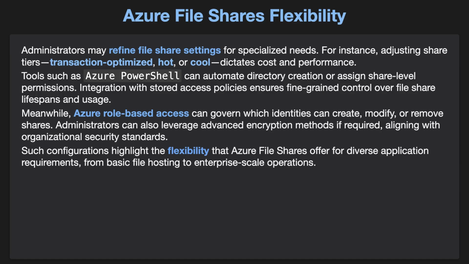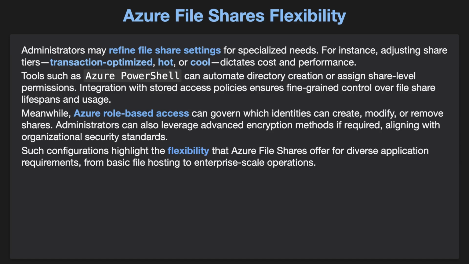Administrators may refine file share settings for specialized needs. For instance, adjusting share tiers, transaction optimized, hot, or cool, dictates cost and performance. Tools such as Azure PowerShell can automate directory creation or assign share-level permissions. Integration with stored access policies ensures fine-grained control over file share lifespans and usage.